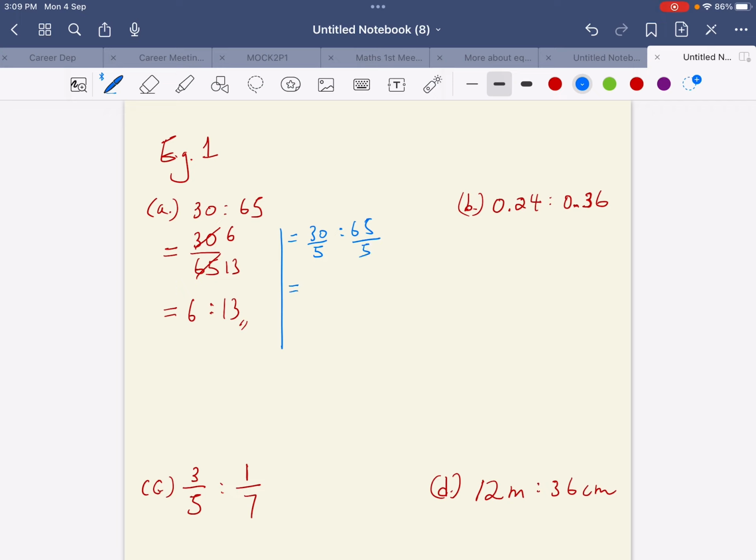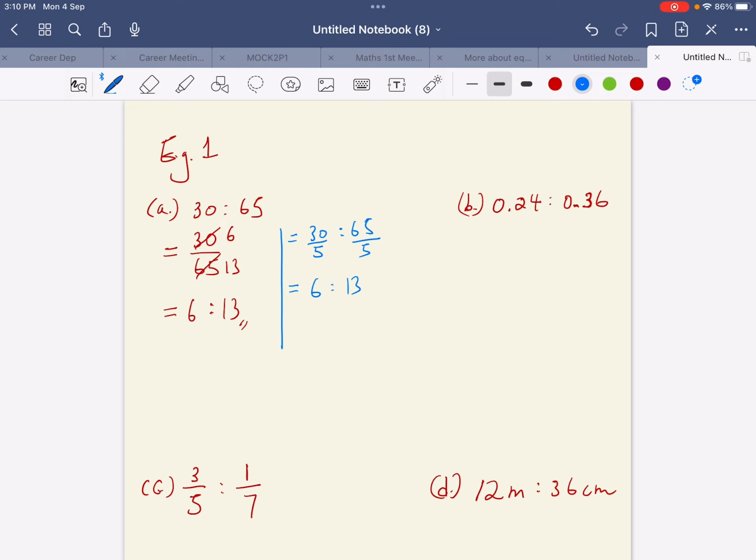So you will actually get back the same answer, which is 6 to 13, this way. So this is the way that we don't write this into a fraction format to simplify these questions. Okay, so these are the two ways we normally deal with a ratio problem.